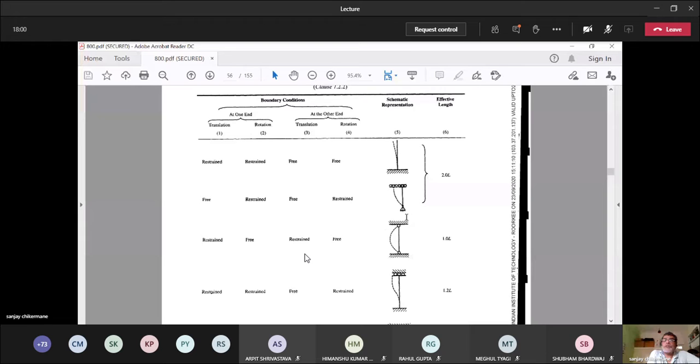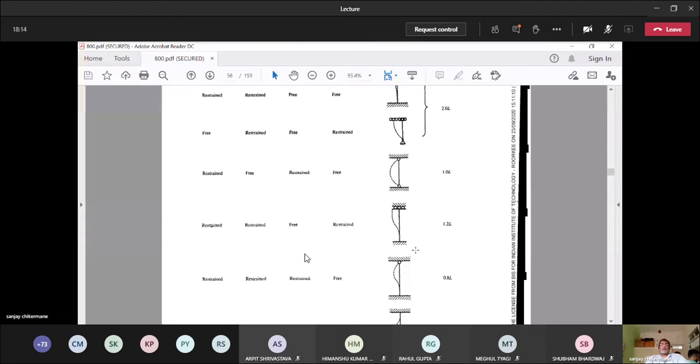That's figure 2. Figure 3 is a pin-ended column, and figure 4 is a restraint at the bottom and a sway at the top. Figure 2 is a sway at the top and a pin joint at the bottom.